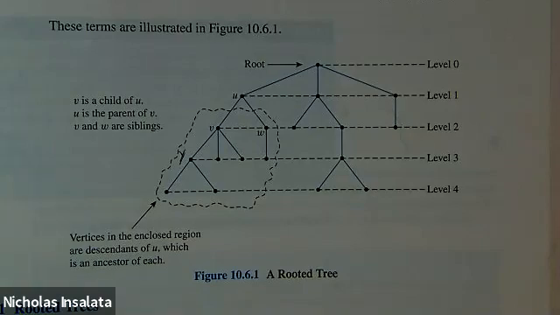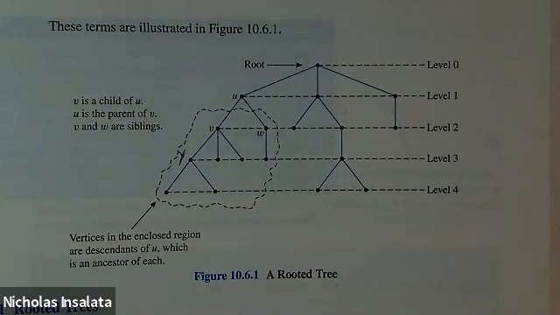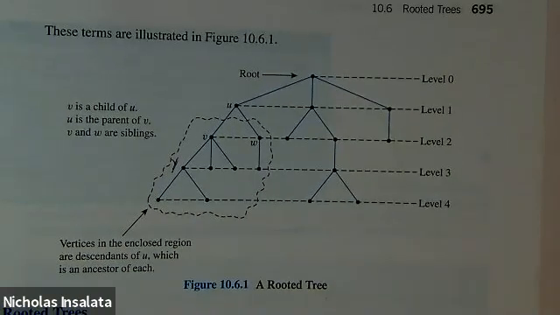So the height is the maximum level of any vertex in the tree. So what's the height of this tree? The maximum level of any vertex in the tree? Yep. So what number?